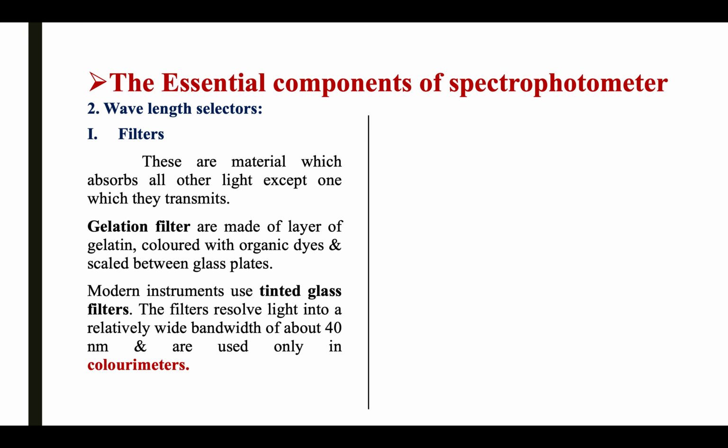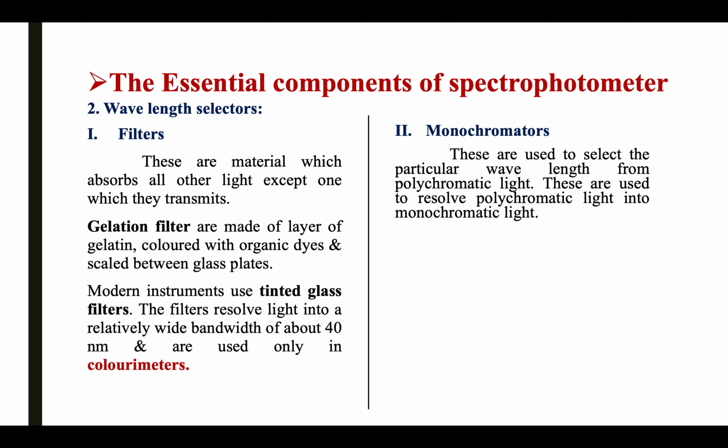That's why these are commonly used only in colorimeters. BSc students should know the colorimeter because it is in practical. So only selected wavelengths we are going to scan in the colorimeter.